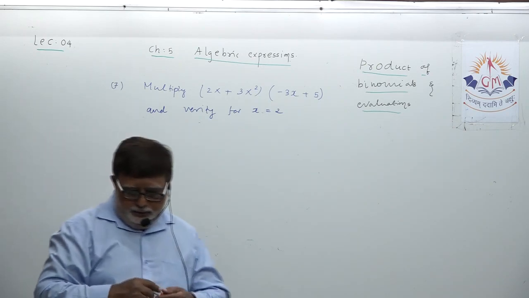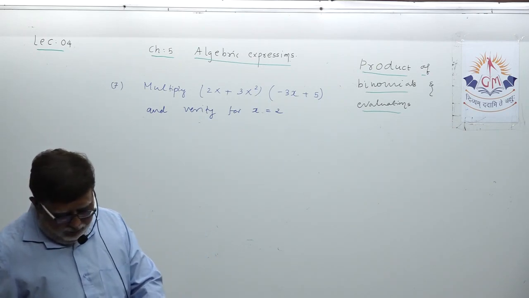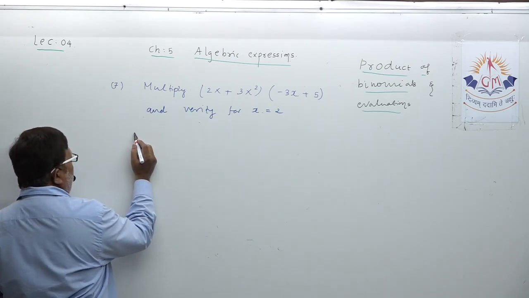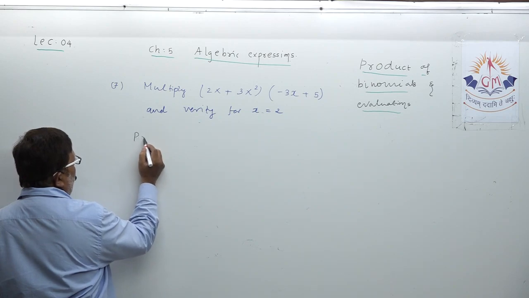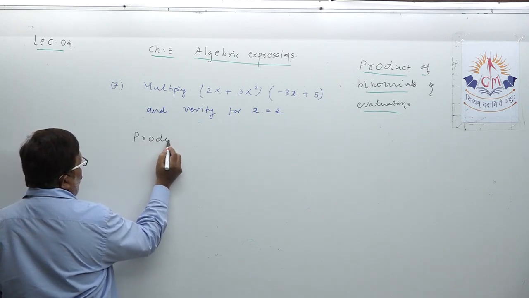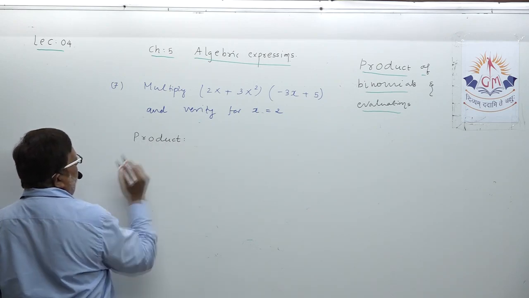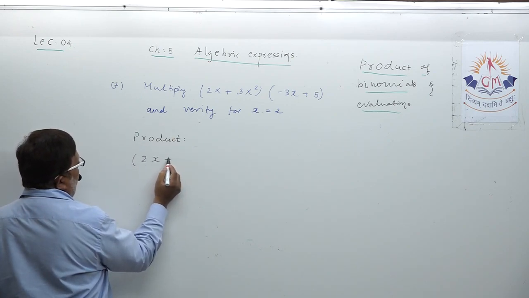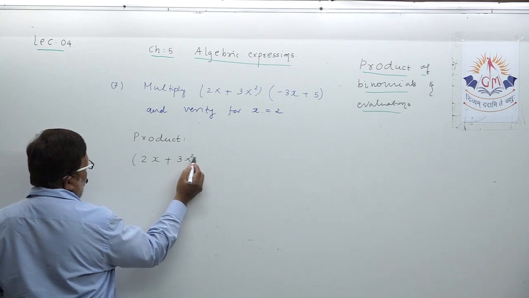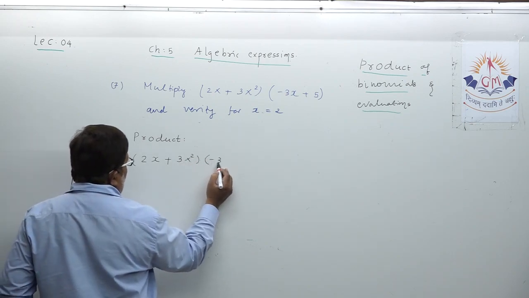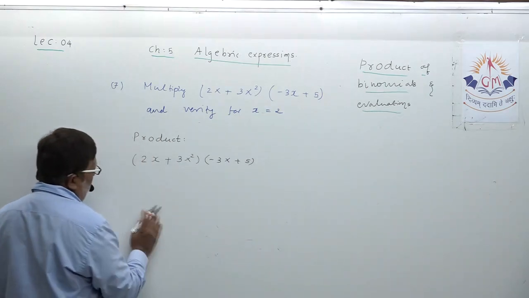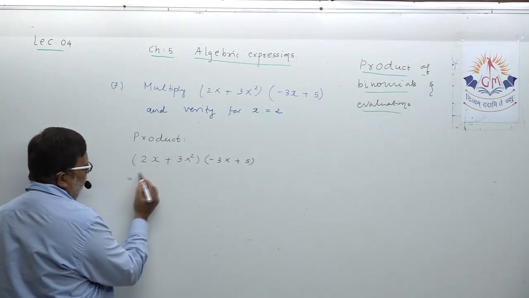Let us write both the binomials. Let us find the product. I am writing here product. Okay. Product. First 2x plus 3x square, and second minus 3x plus 5. Let us continue.